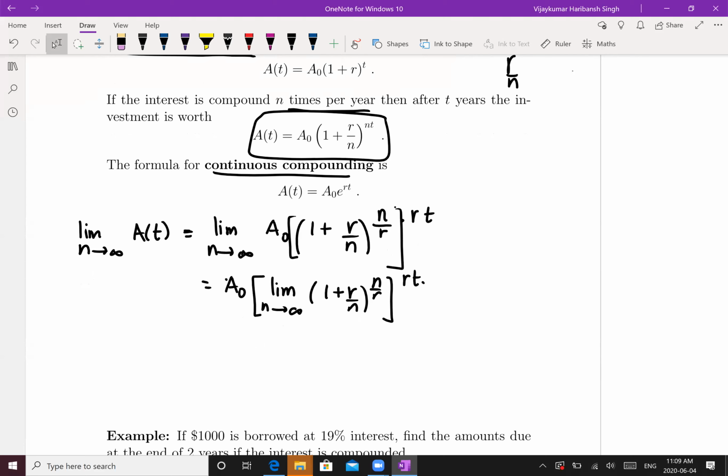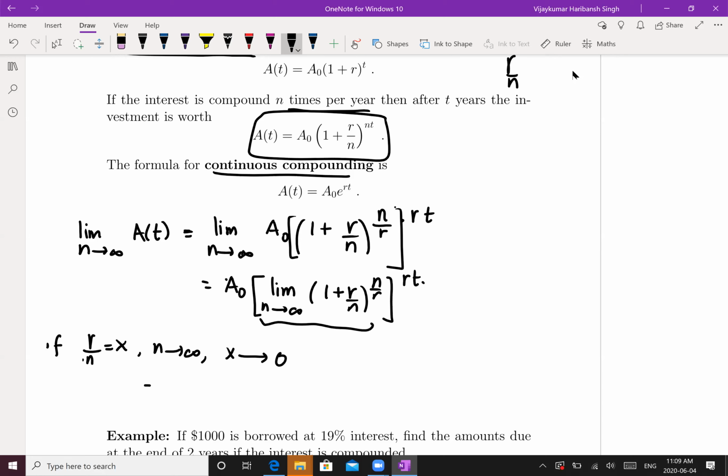Now, what we'll do is the following. We will take R by n equals x and compute this limit separately. If R by n equals x, and n goes to infinity, x goes to what? 0, right? Because it's 1 over n.